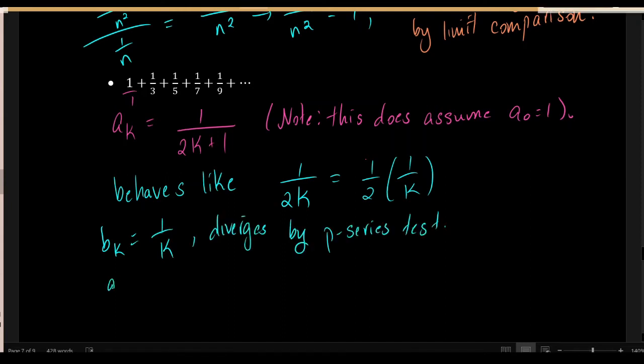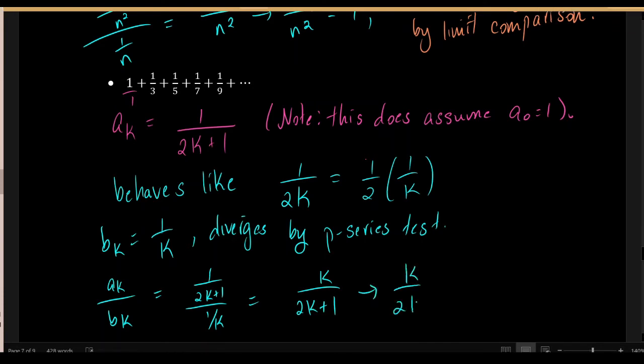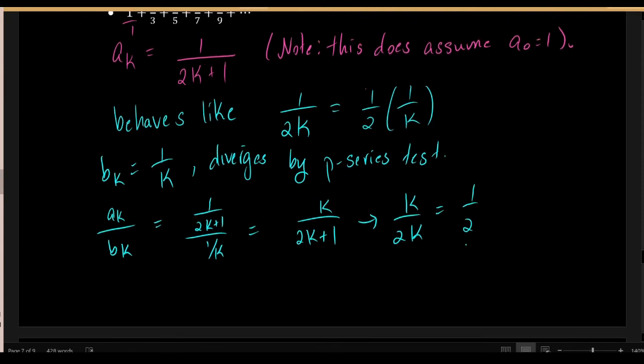So if I took a_k and divided it by b_k, then that simplifies to k over 2k plus 1, which begins to approach k over 2k. It begins to approach 1/2 as k goes to infinity. So once again, we've achieved a non-zero finite number, and therefore our given series behaves like b_k and also diverges by limit comparison.